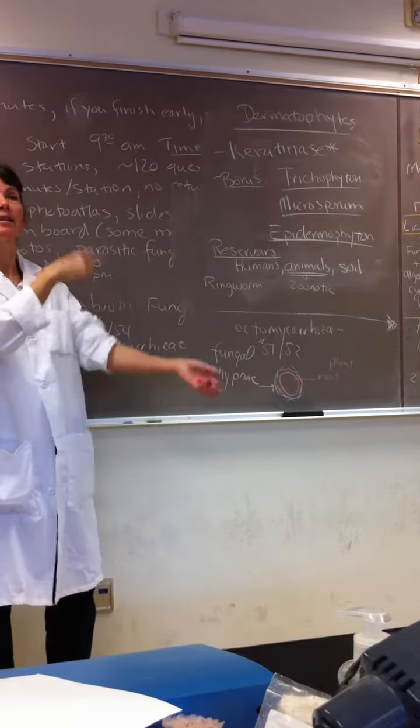Your head, the scalp, right? Often dermatophytes can infect the hairs themselves and cause the hair to break off or fall out. So one of the initial signs is hair loss, called alopecia, where your hair starts falling out in little patches. Tinea capitis, so we have ringworm of the head.